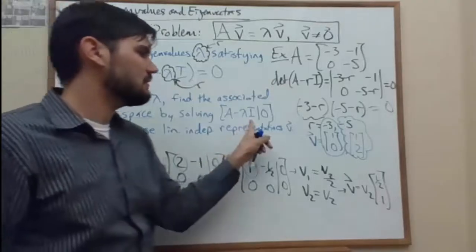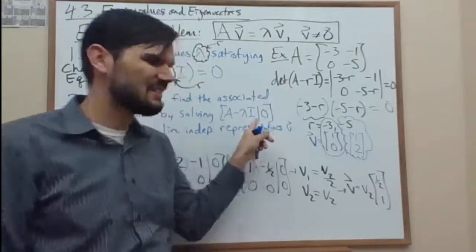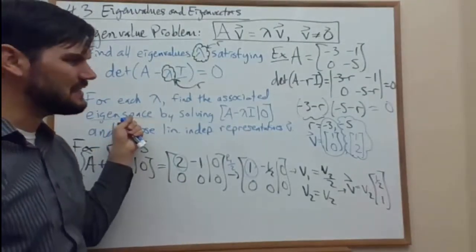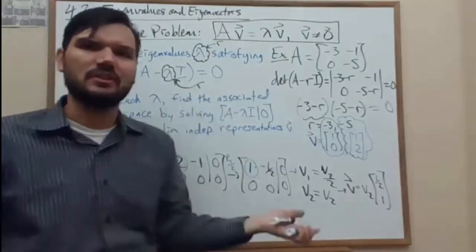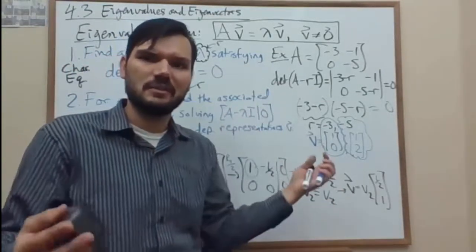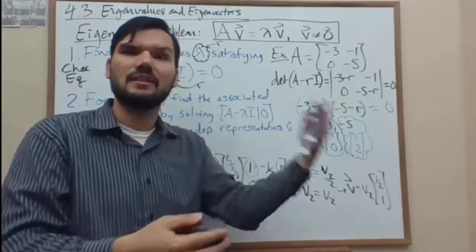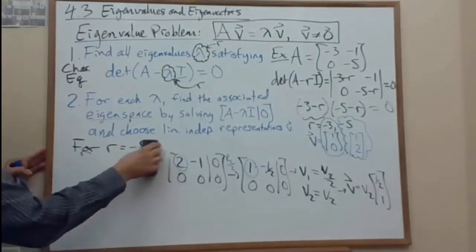Or, if you remember terminology here, we're actually solving for the null space. And that's what this is. The eigenspace is the null space of this modified matrix we already took the determinant of. The null space represents all possible solutions to that matrix times a vector equal to 0. So those are the key ideas we're going to dig through.